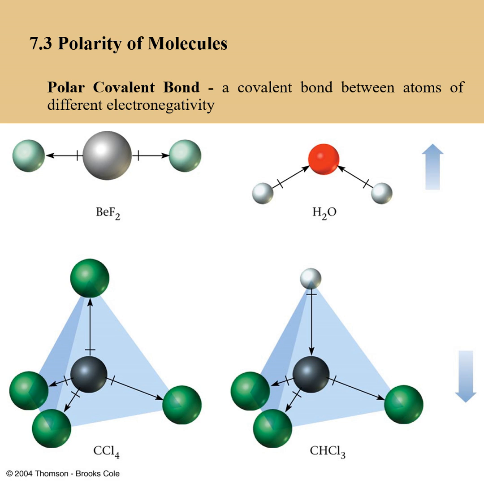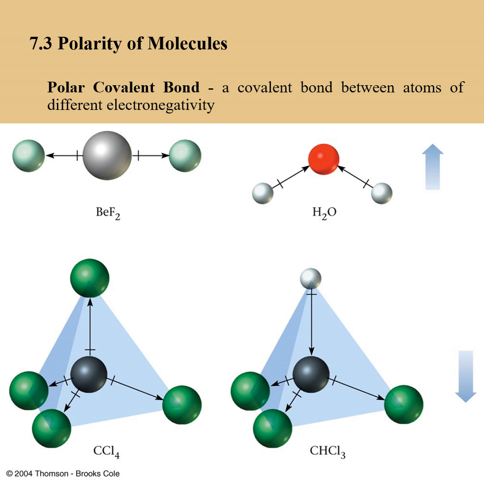polar covalent bond. And in water, oxygen is the most electronegative element, so that's why the arrows from the two hydrogens are pointing towards the oxygen, because the arrows point towards the negative side of that polar bond. The positive side essentially is the positive end, or the positive atom in that polar covalent bond. Here we see carbon tetrachloride. Chlorine is more electronegative, so the arrows are pointing towards the chlorines.